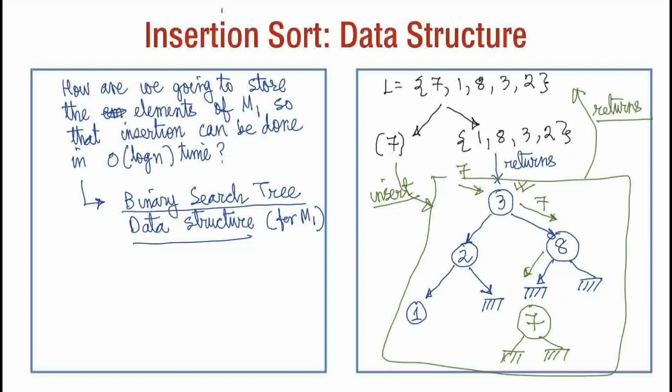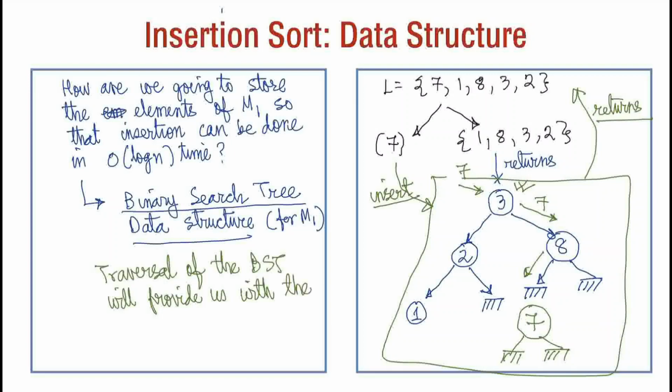So finally, the algorithm will return a traversal of the binary search tree, which will provide us with the sorted list. And this traversal, only once at the end, will require order n.